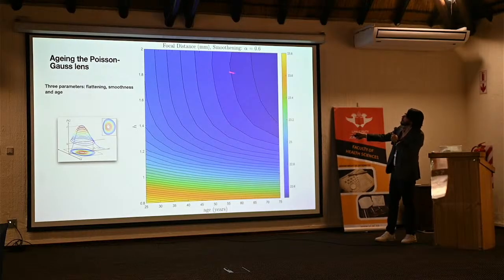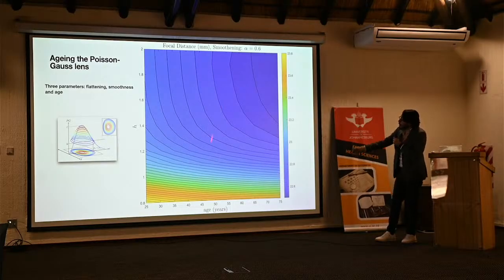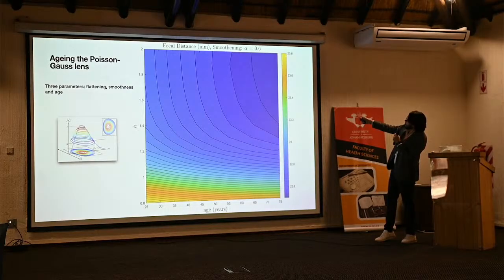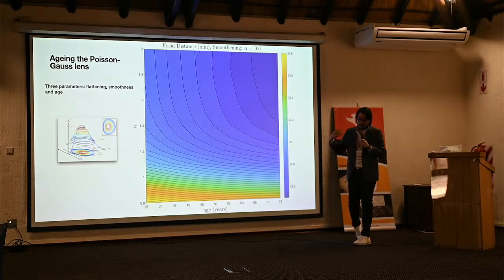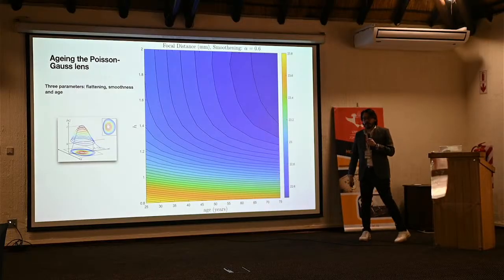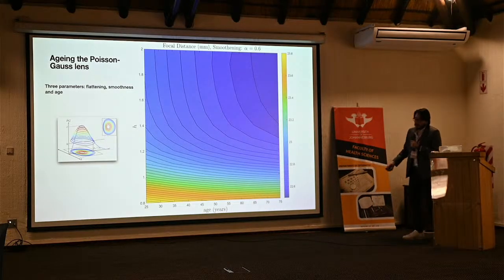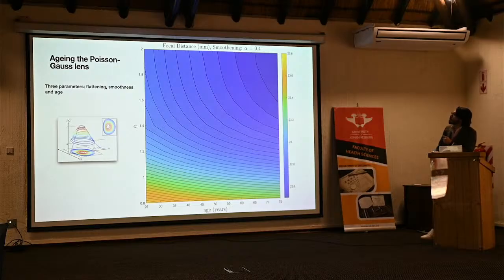So here we can see that with more flattening, we can get to greater values of the paraxial focus. So with a greater or stronger flattening, we can lose more refractive power. We're going to choose this one, 0.4.